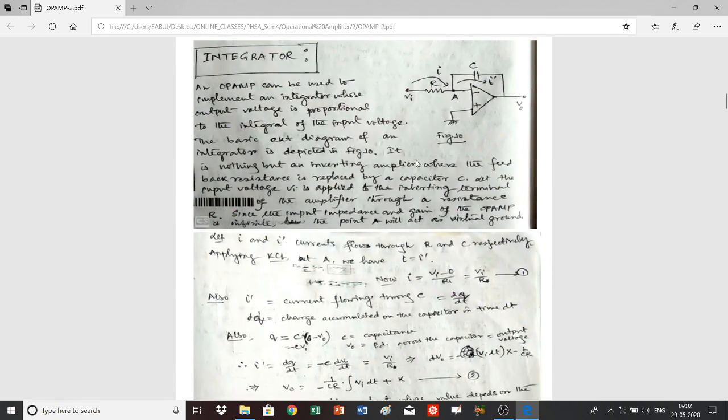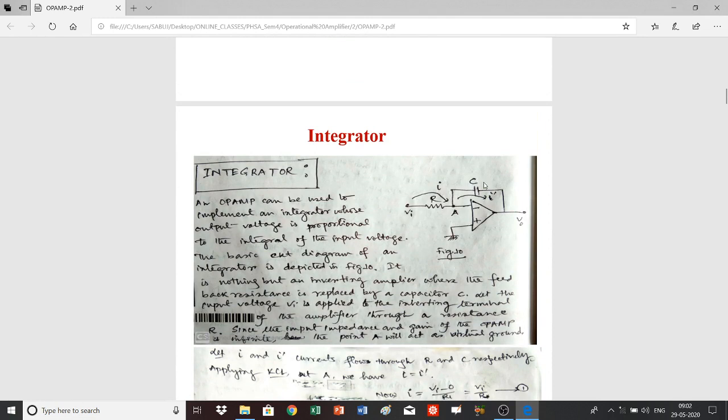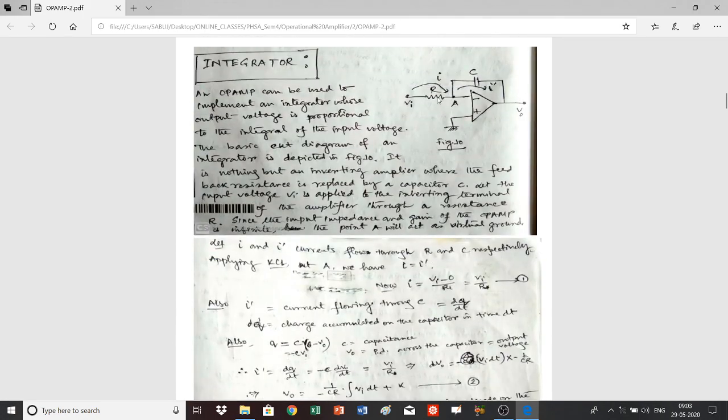You know that the gain is the ratio of the feedback resistance to the input resistance. Here you have the capacitive reactance Xc, and the input resistance R. So the gain would be Xc by R, and since Xc is infinity, the gain will be infinity.